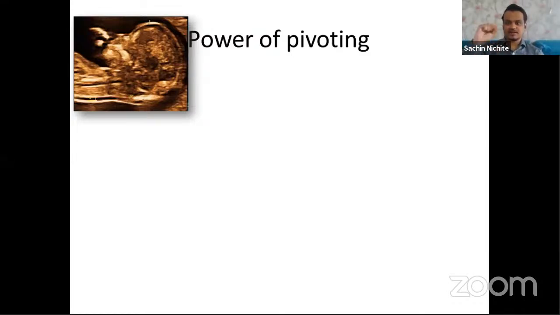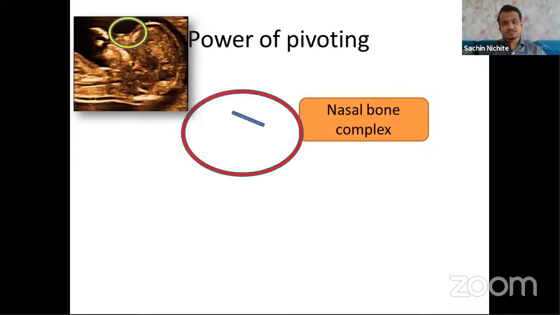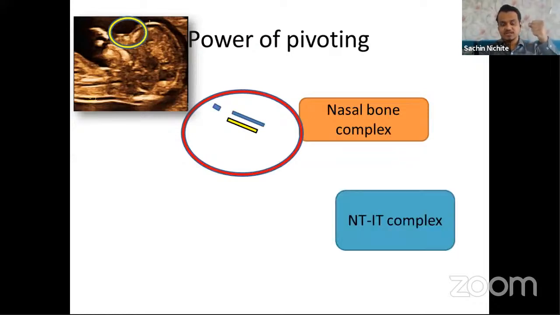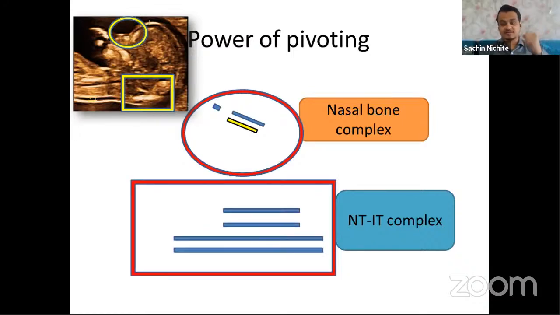So you want to learn the pivoting with the probe. So what is it? First, we acquire any one of the complexes, preferably the nasal bone complex. This is the parallel and the tip, and we keep the same complex continuously in the image without moving it. The probe has to be constant on that complex, and then we manipulate the probe slowly to acquire the second complex.